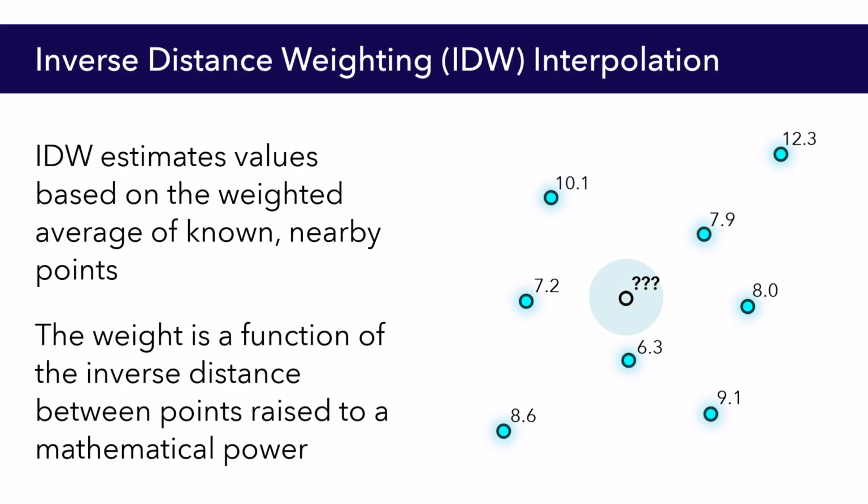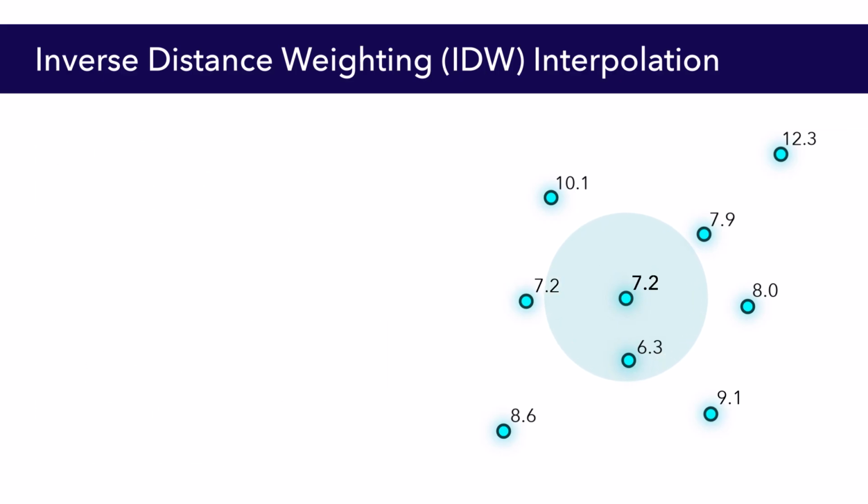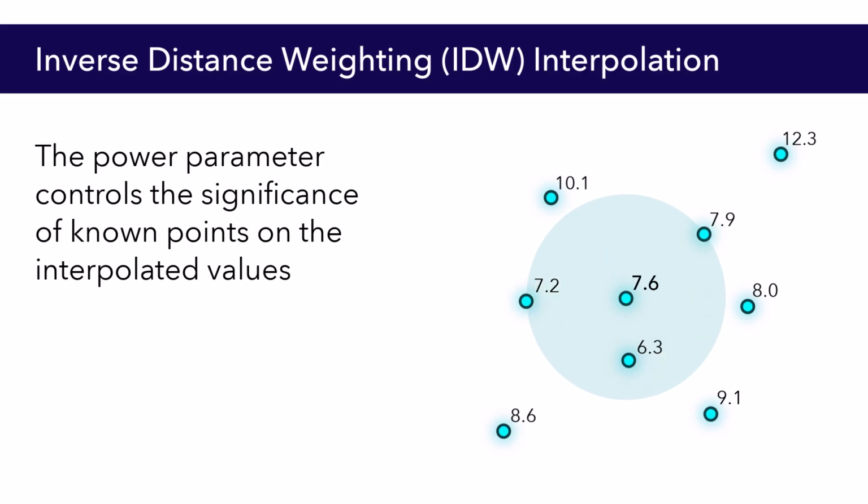The weight is a function of inverse distance between the points raised to a mathematical power. The power parameter lets you control the significance of known points on the interpolated values based on their distances from the output point.